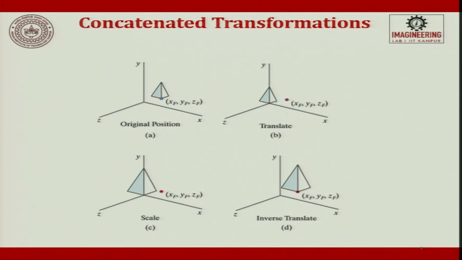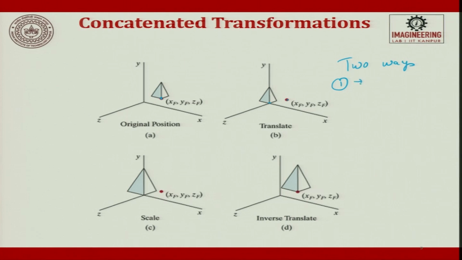The other way of doing it is I take the vertex to the origin, do scaling at the origin, keeping origin as a base, and then transform it back to this point. That is also possible. I have told you two ways.